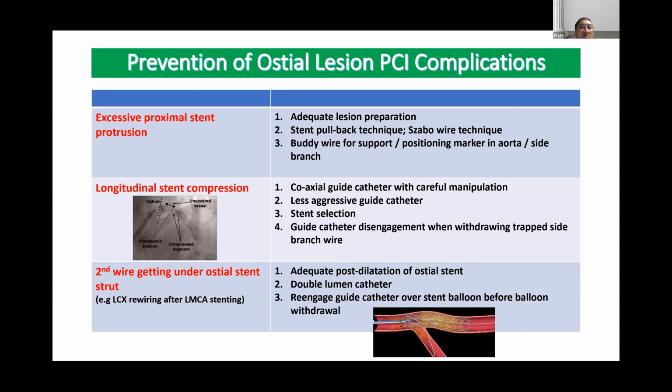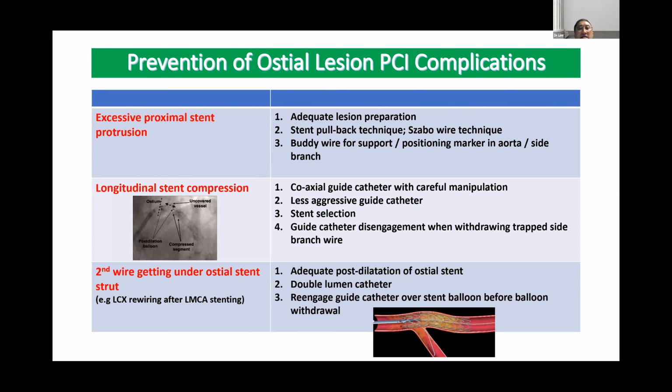It's good to choose the coaxial guide catheter and less aggressive guide catheter, and also pay attention to the stent selection. Nowadays, most stents have a proximal reinforcement to minimize or to reduce the risk of a longitudinal stent compression.